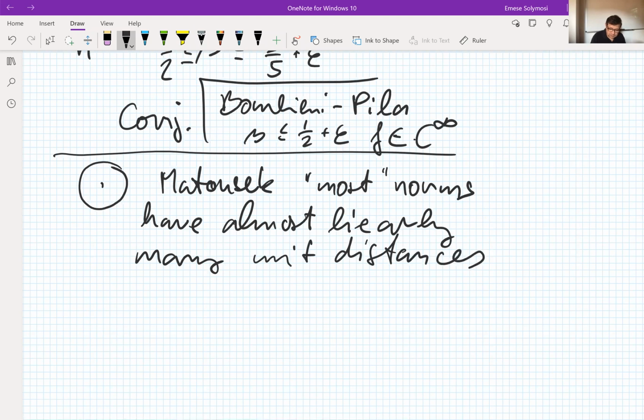And almost linearly, let's be more specific, not more than log n if you have n points.